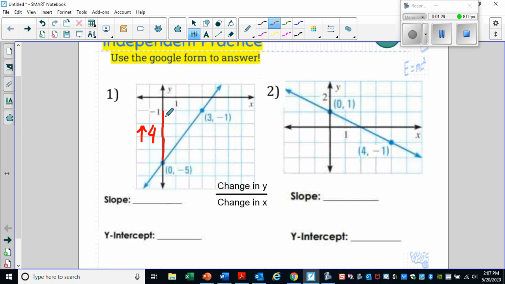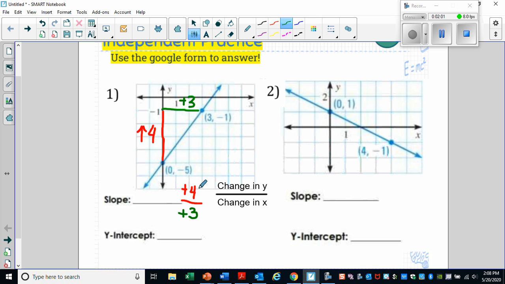Whenever we go up, that's positive, so positive 4 is our change in y. Then to determine our change in x, we go 1, 2, 3 spots to the right. Anytime we go to the right, that's a plus, so our change in x will be plus 3.